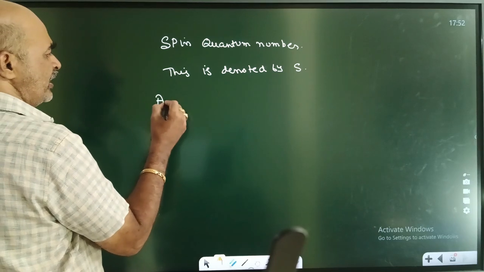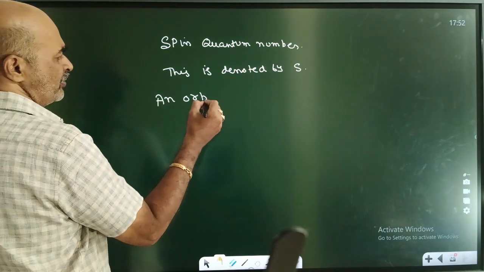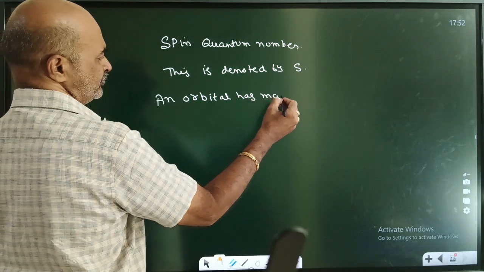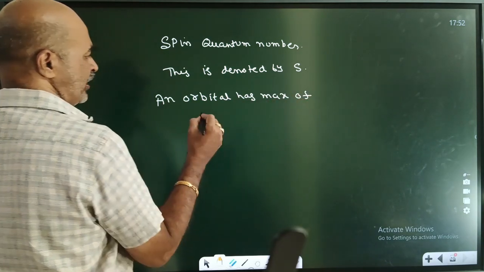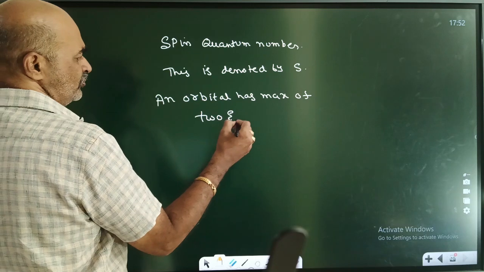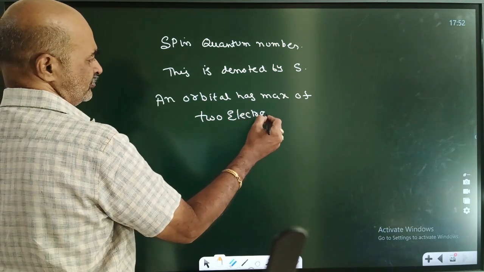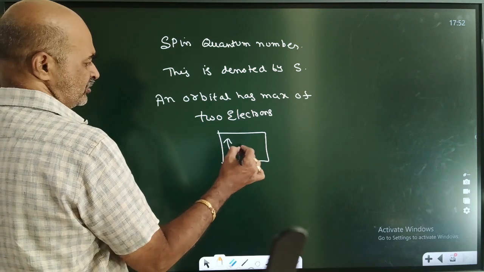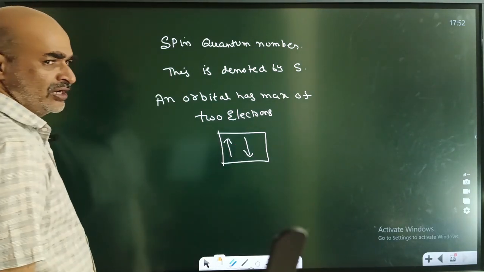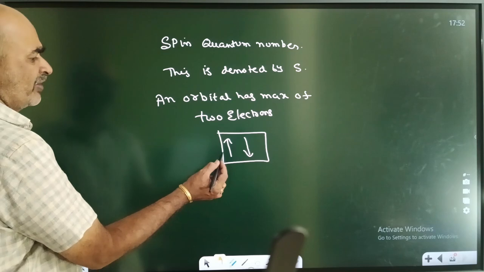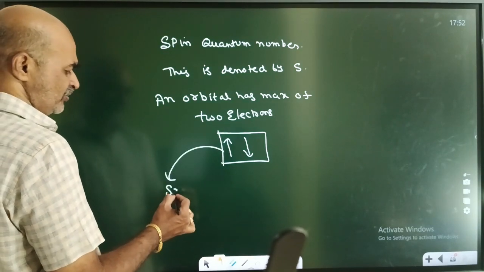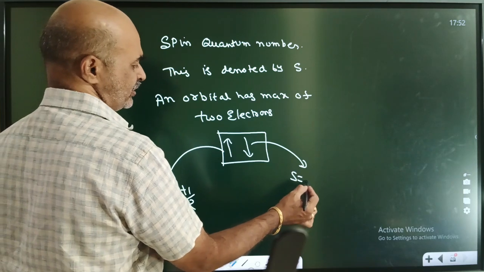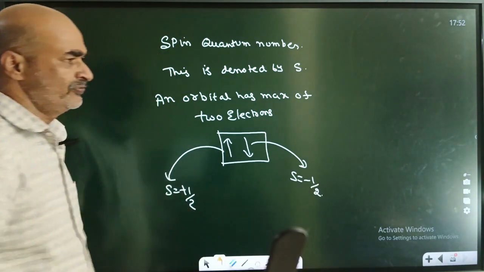An orbital has a maximum of two electrons. One has clockwise direction and another has anti-clockwise direction. For clockwise direction, s is equal to plus half. For anti-clockwise direction, s is equal to minus half.